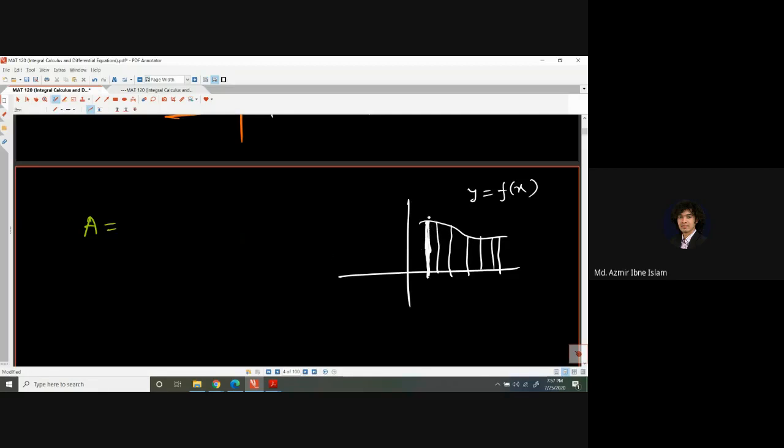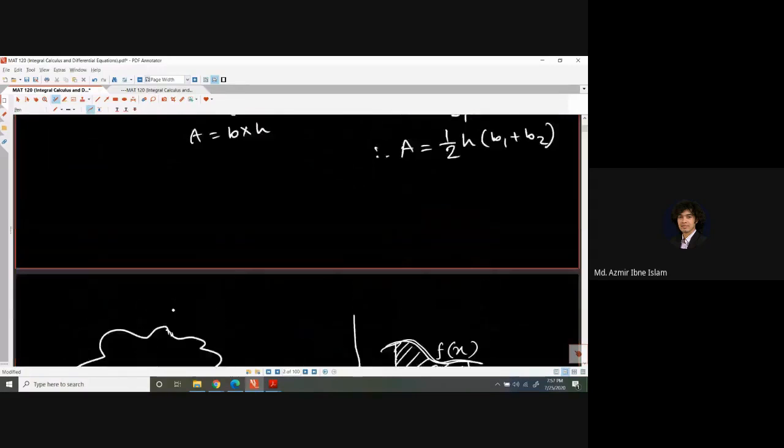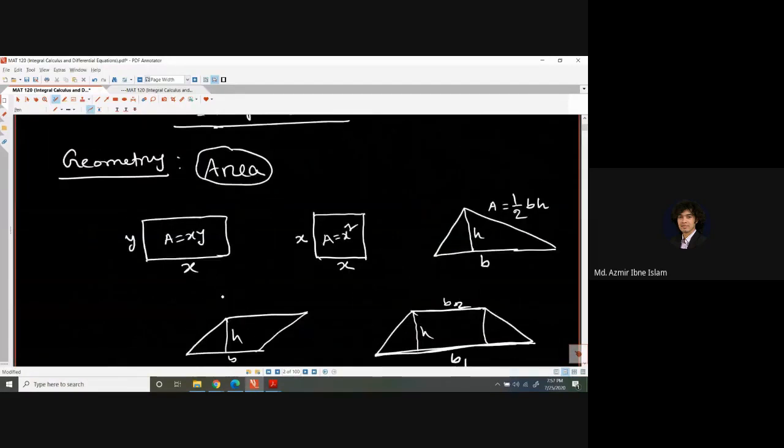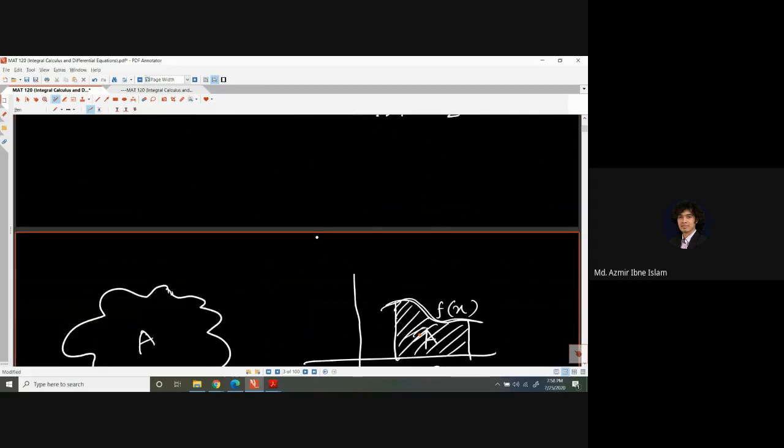Since we don't have any exact formula for finding area for this type of curvature shape, we are taking the help of the rectangle formula, or we can also take the help of a square or other things. But here we are using this one: if we have a rectangle, then the area will be x times y, that means base into height.